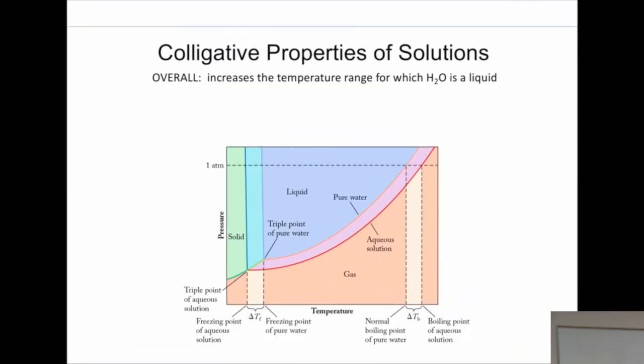So here's the phase diagram, and all the points of interest are listed for you on here. Here's the normal boiling point. It's on this part of the curve here. And when we add non-volatile particles, we increase the boiling point because we've lowered the vapor pressure. You can see that here. Here's the boiling point of an aqueous solution. That's when you've got non-volatile particles dissolved in it.